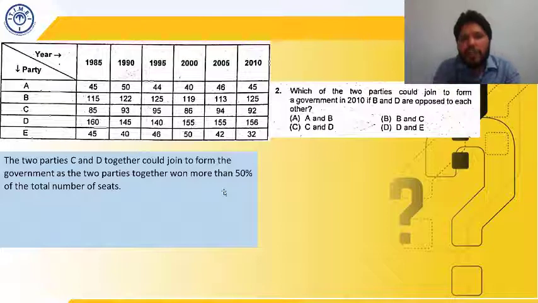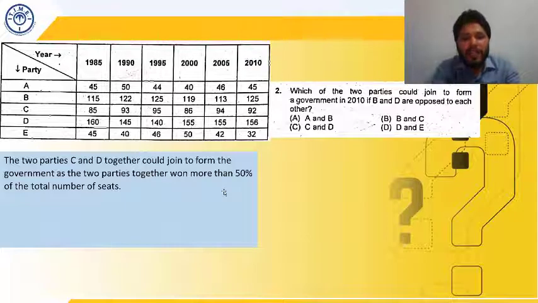Do we need to check for D and E also? No, not at all. By the data we can reject most of these options. A and B can be rejected without even calculating the sum of all the votes, because the sum of A and B is less than the sum of C and D itself. So obviously it will not get more than 50% of the total votes polled.